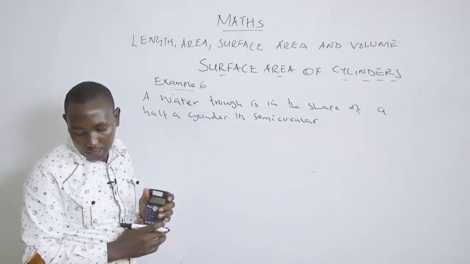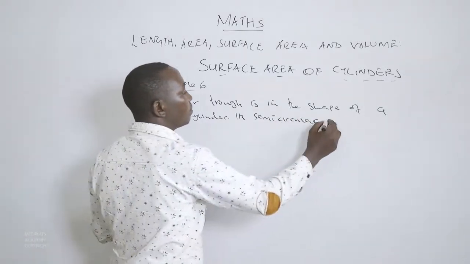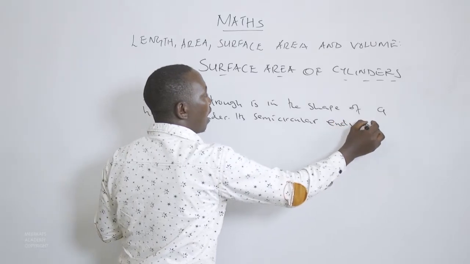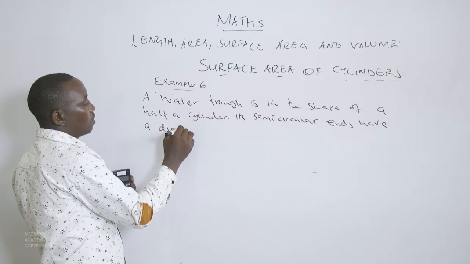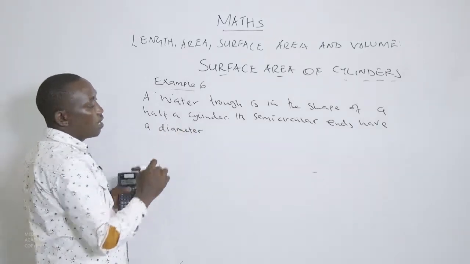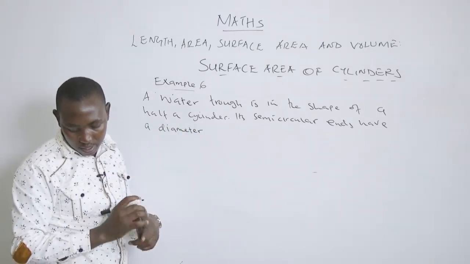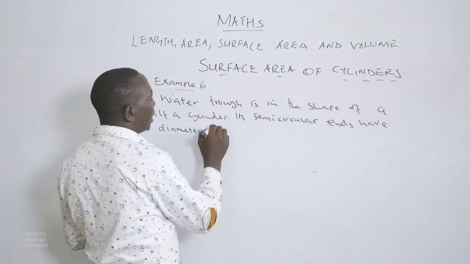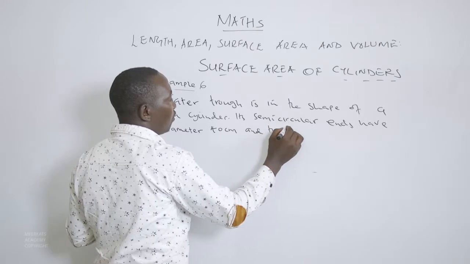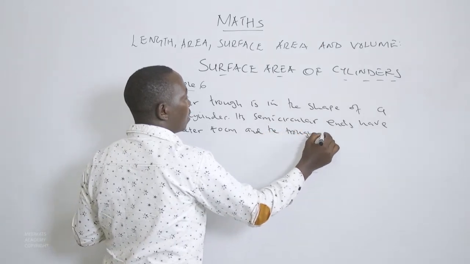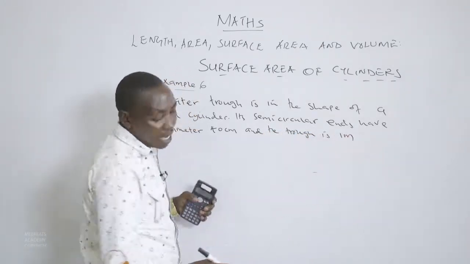We are told that the semicircular ends have a diameter of 40 centimeters, and the trough is 1 meter long.